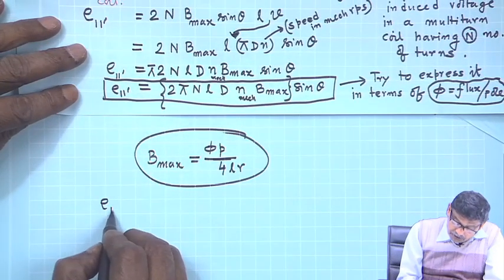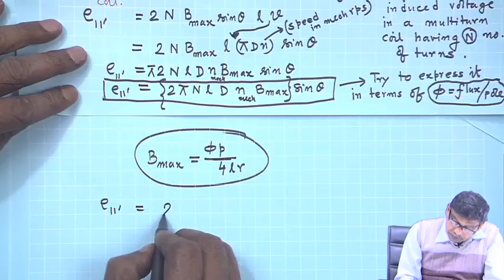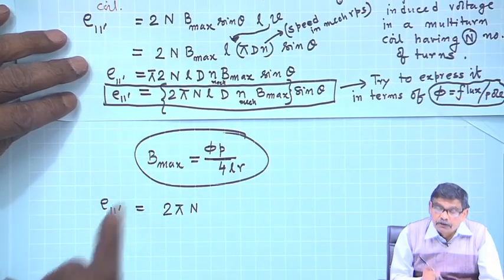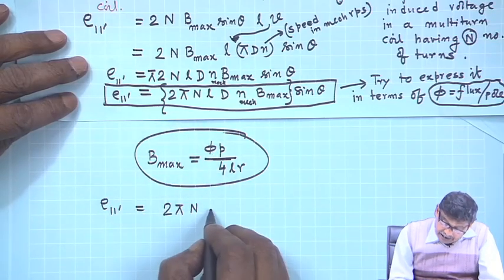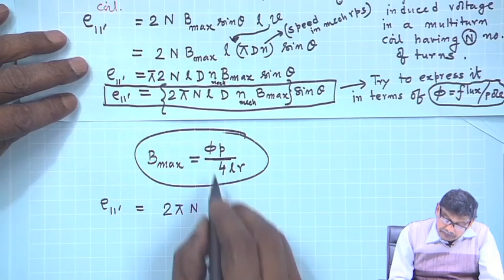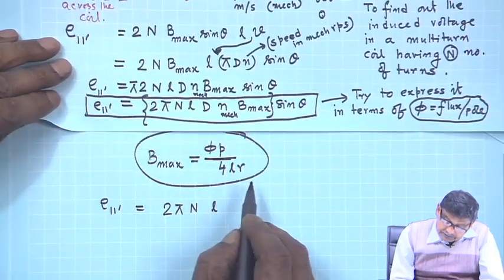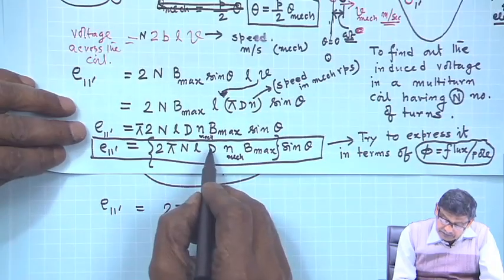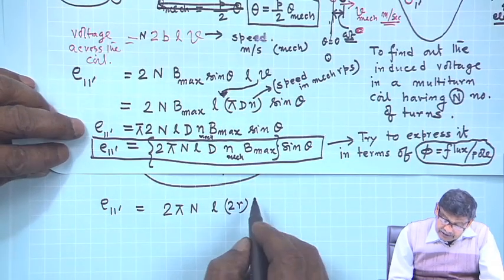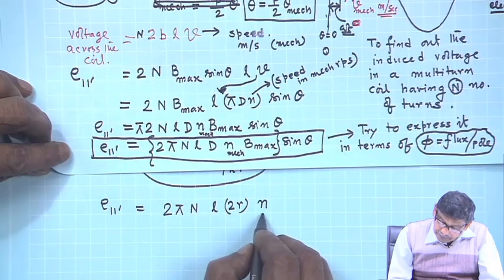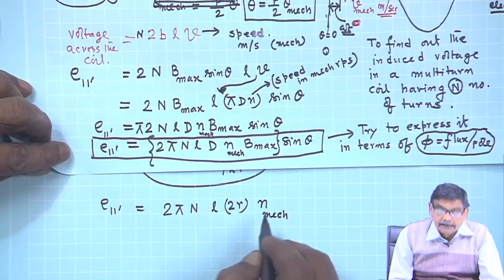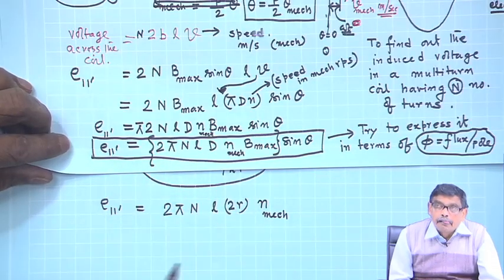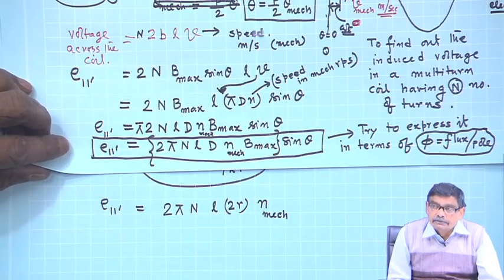So E1 dashed will be equal to twice pi capital N. What is this capital N? The number of turns of the coil. Then L into capital D, where capital D is 2 into the radius of the rotor, and then small n mechanical. What is this small n mechanical? The speed of rotation of the rotor or the coil, which can be measured with a tachometer.